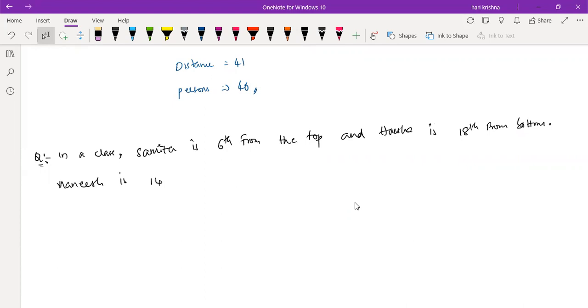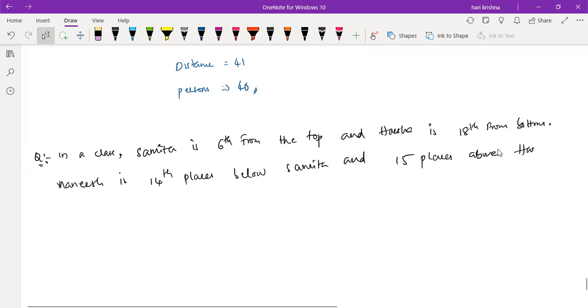Manish is 14 places below Samita, and 15 places above Harsha. Then how many students are there in the class?